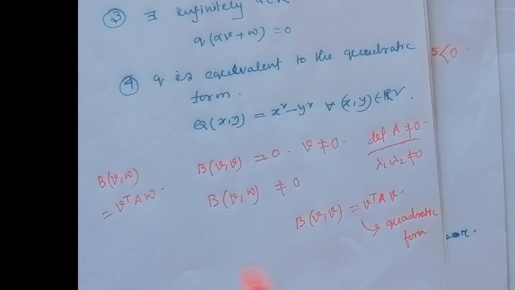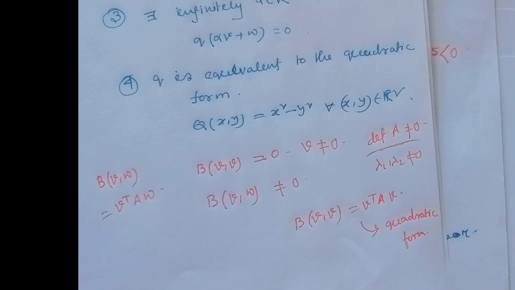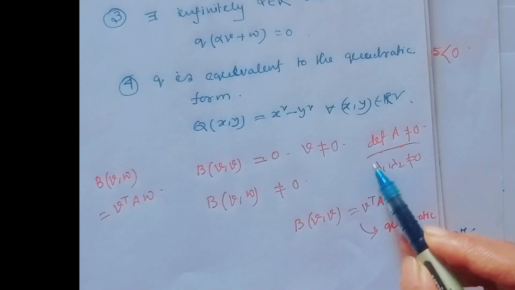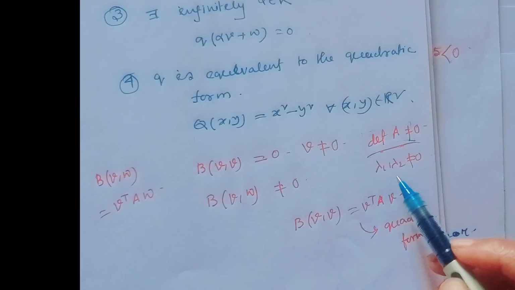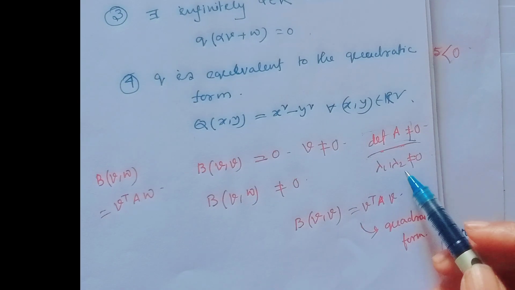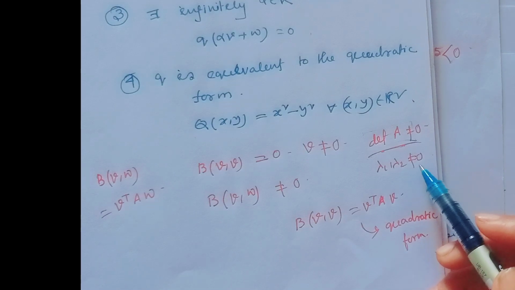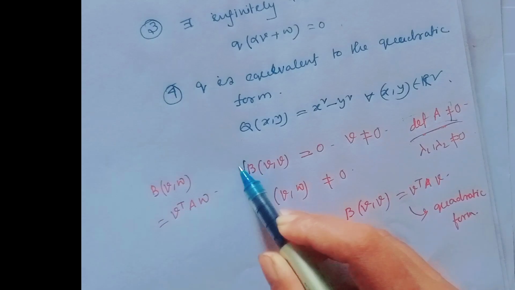And this bilinear form is not positive definite, because if it were positive definite, then obviously this condition would be satisfied, determinant of A not equal to 0, but it breaks this condition.